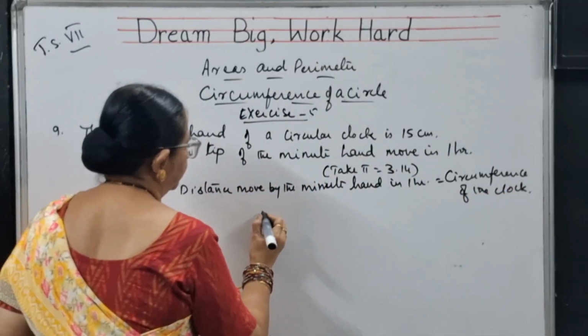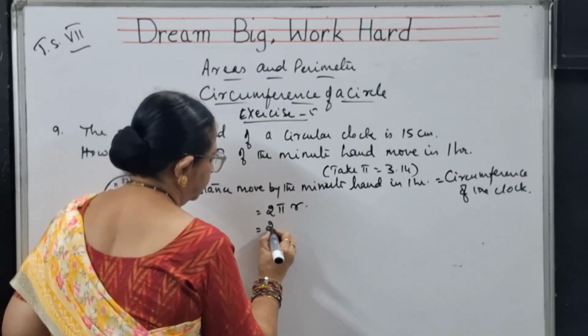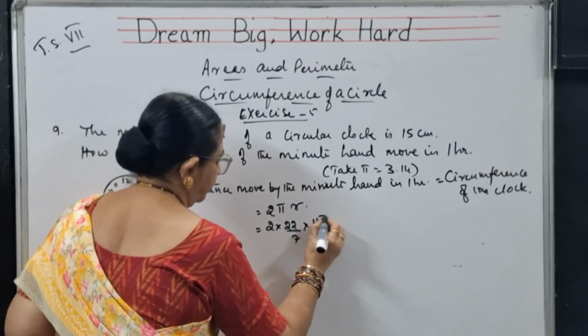So circumference of a circle is 2 pi r. That is 2 into 22 by 7 into radius 15.